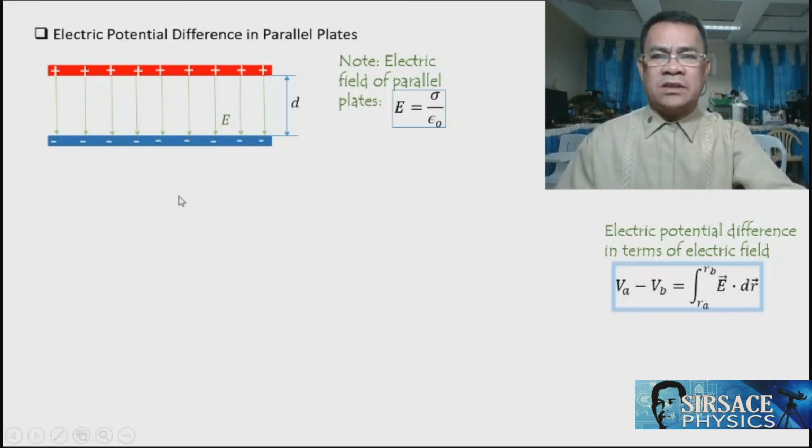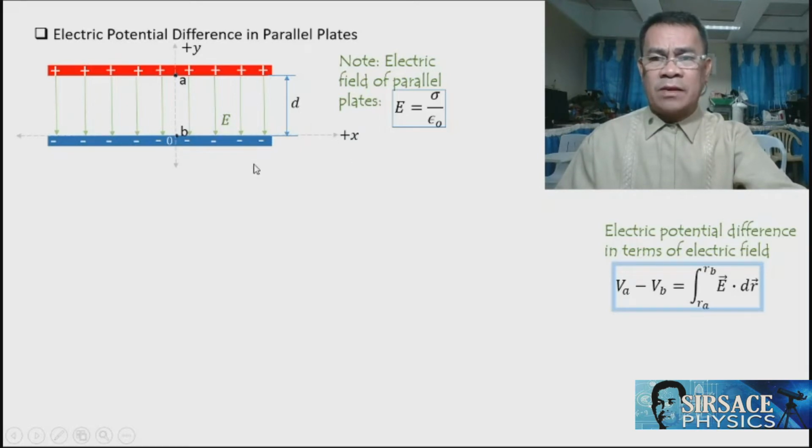Now our task is to calculate the potential difference. How much potential difference is produced in terms of electric field, which means that the potential difference is, take note, the difference between the potential from A to B. So if this is A to B, the best thing to do is to overlay the Cartesian.